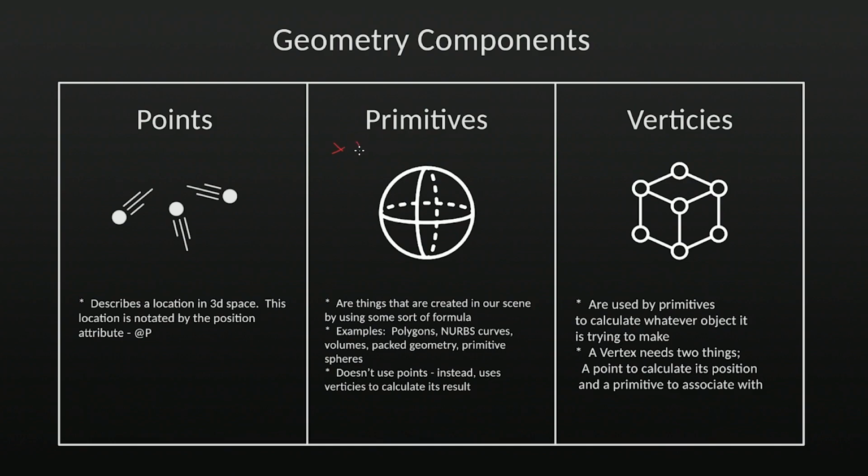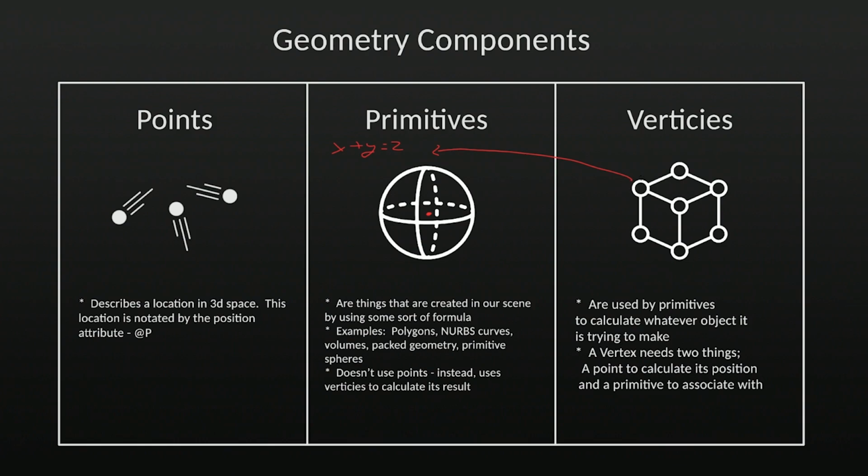It's not going to be this particular equation, but whatever the equation is to make a sphere, Houdini knows what that is, and this equation needs vertices in order to fill out its information. So, towards the center here, we have this vertex, and it needs to know where it's located in 3D space, so a vertex might give the primitive that information.